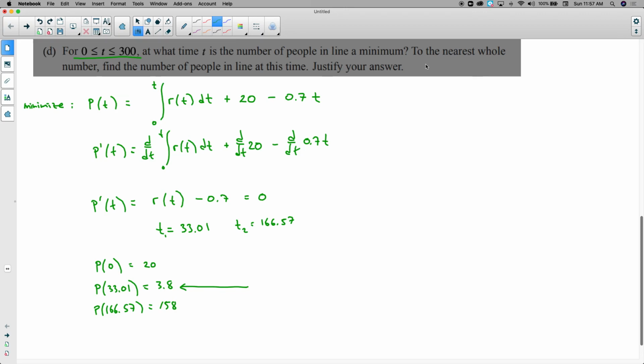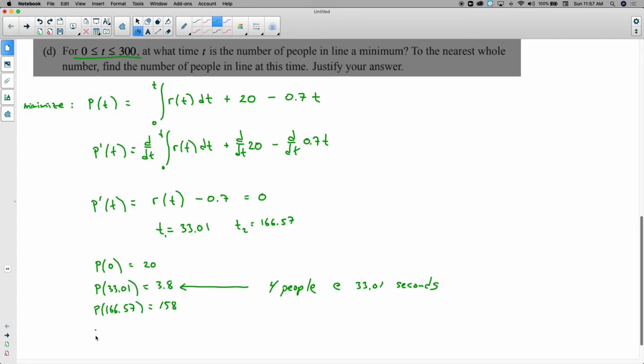To the nearest whole number, find the number of people in line. To the nearest whole number, 4 people. And I suppose at what time t is the number of people in line the minimum, and that happens at 33.01 seconds.